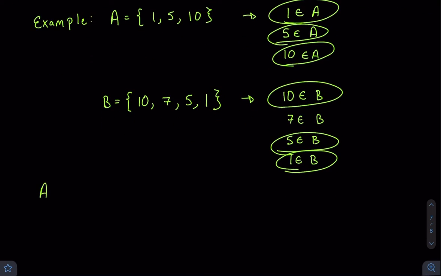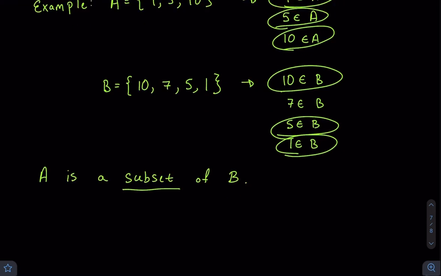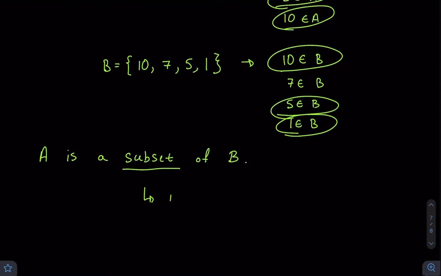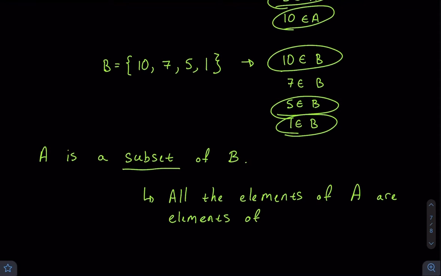So A is a subset of set B, meaning all the elements of set A are also elements of set B. So that's what subset means.